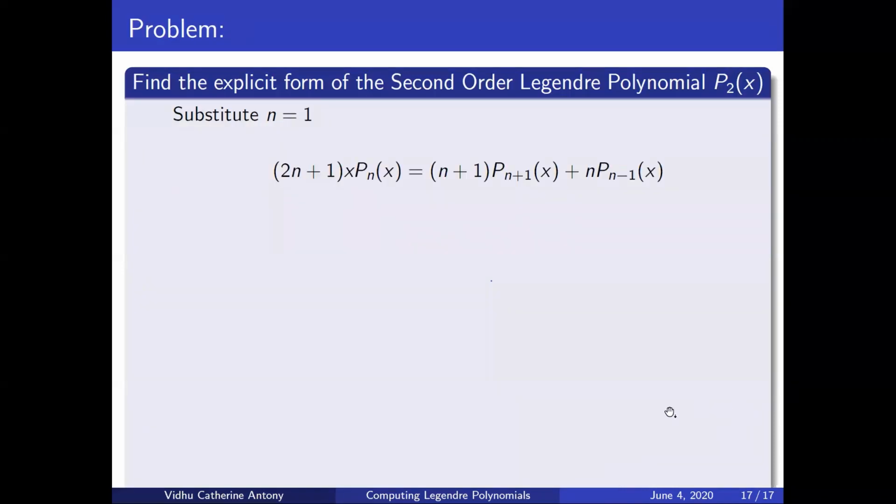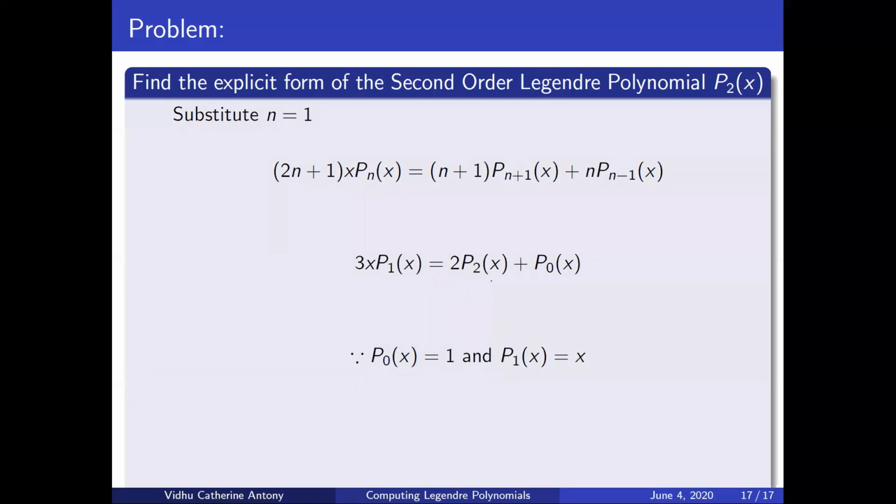you have. So you substitute n equal to 1 into this equation, Bonnet's recursion formula, the earlier one with n minus 2. You end up getting 3x P1 of x is equal to 2 P2 of x plus P0 of x.